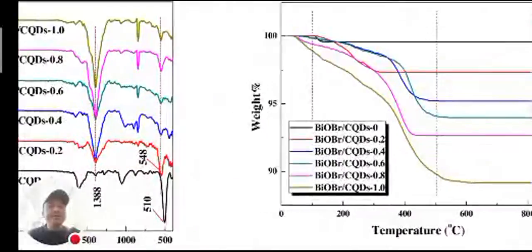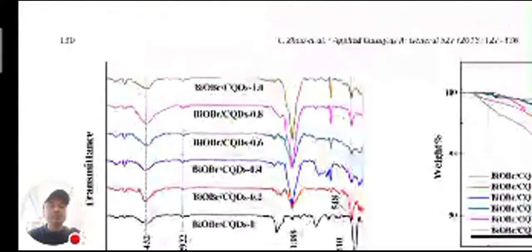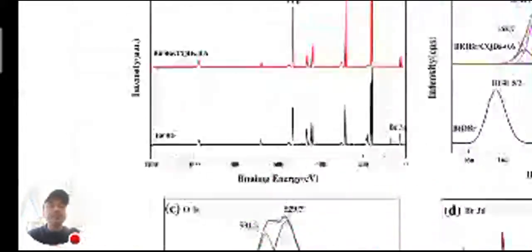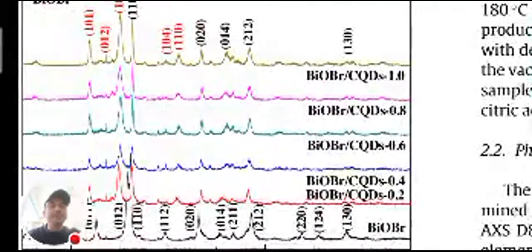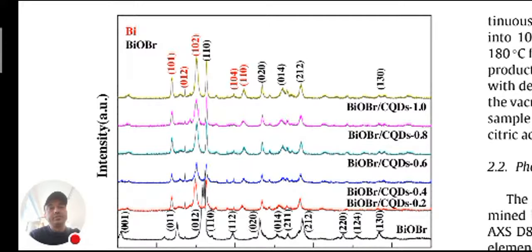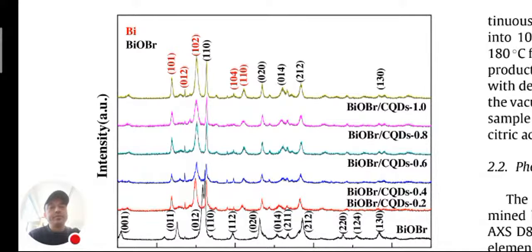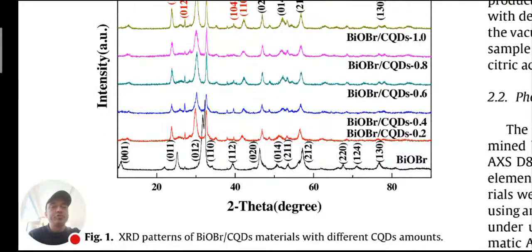This is XRD. We will start from the first XRD. The XRD data shows that there are some peaks that belong to BiOBr, the 101 plane, the 012 plane, and so on. All these planes are the expected peaks according to the reference.